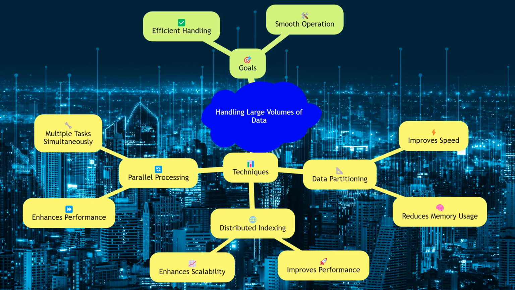Distributed indexing involves using multiple servers to index the data in parallel, which can significantly improve performance and scalability. Parallel processing involves running multiple indexing tasks simultaneously, which can further enhance performance. These techniques can help you efficiently handle large volumes of data and ensure that the indexer runs smoothly.